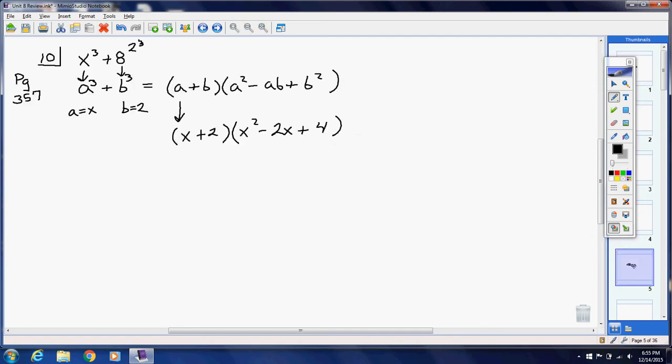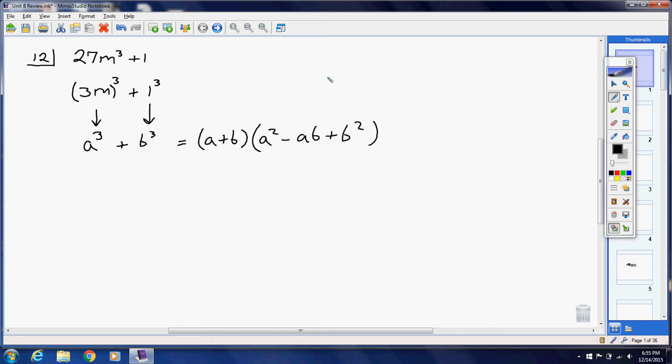Did I do the other one right? Yes, I did. Okay, so a would then be 3m here, and I'd say it's best to put that in parentheses. And then b would equal 1.